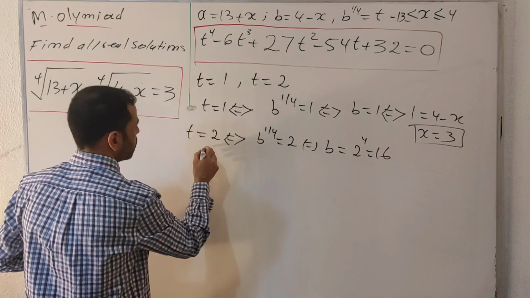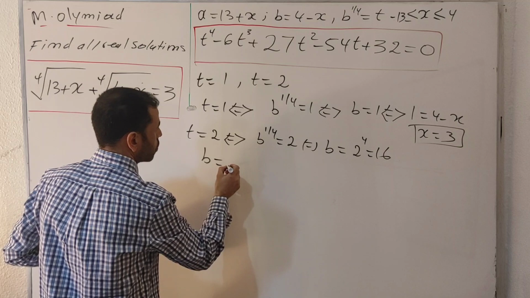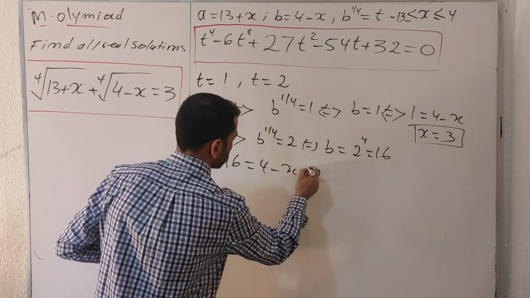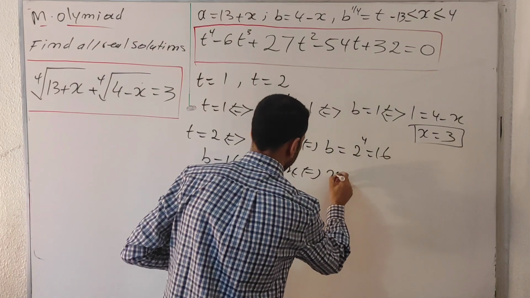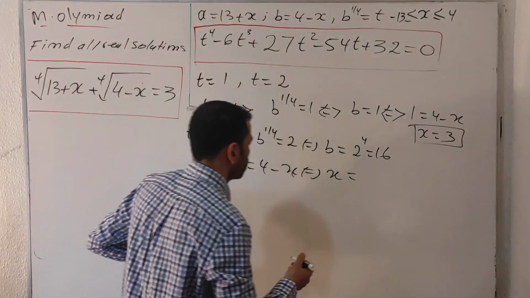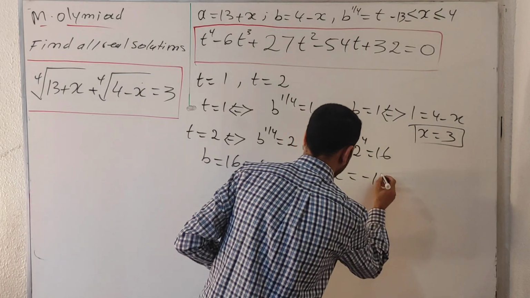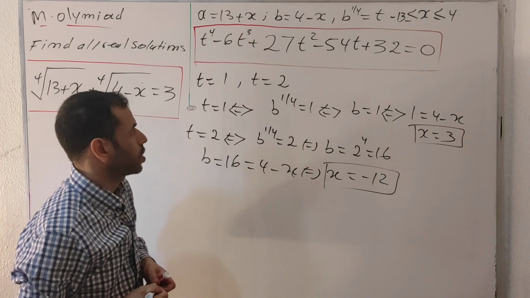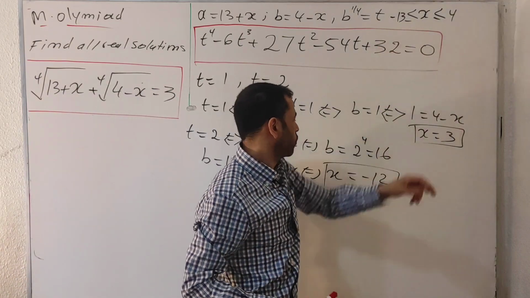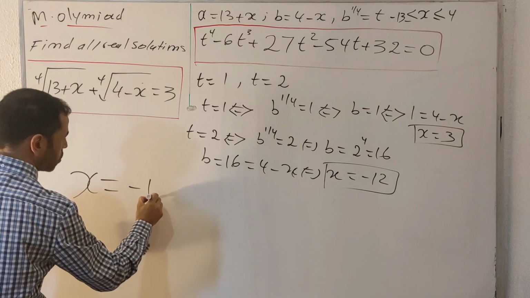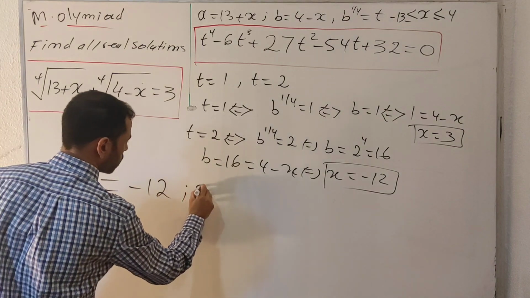So we'll have b, which equals 16, equals 4 minus x. So we'll get x equals 4 minus 16, which is x equals minus 12. Okay. Now since x is lying between minus 13 and 4, that means I have two solutions. x equals minus 12 and x equals 3.